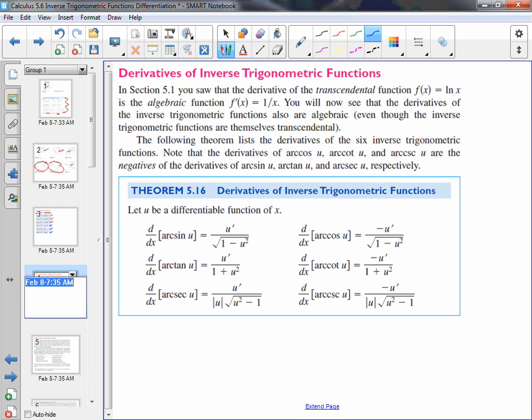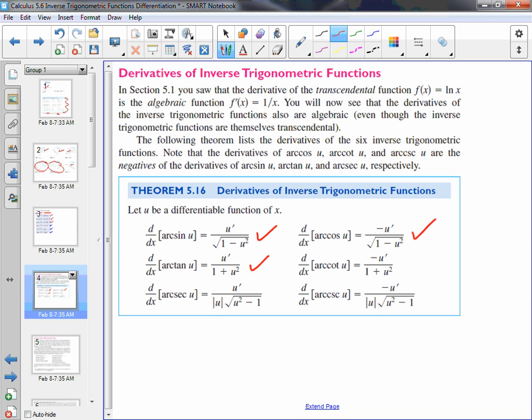Note that the derivatives of arc cosine, arc cotangent, and arc cosecant are the negatives of the derivatives of arc sine, arc tangent, and arc secant. So it works this way. There's the derivative of inverse sine of u, arc sine of u. The derivative of inverse cosine, arc cosine, is the exact same thing with a negative in front.